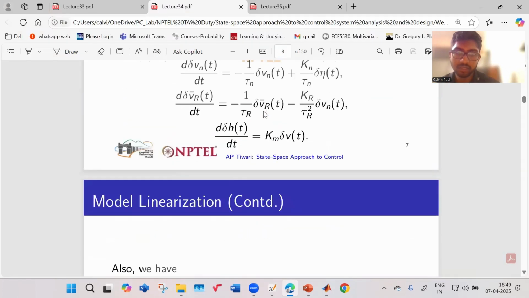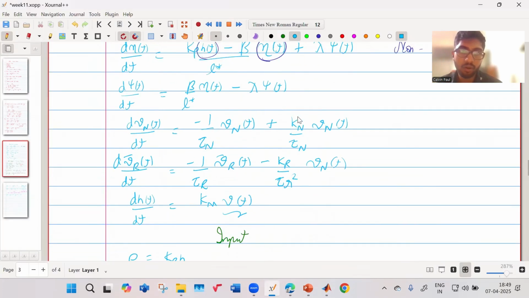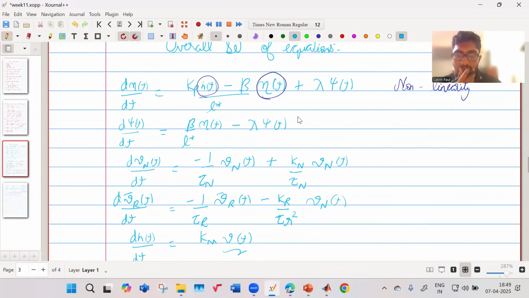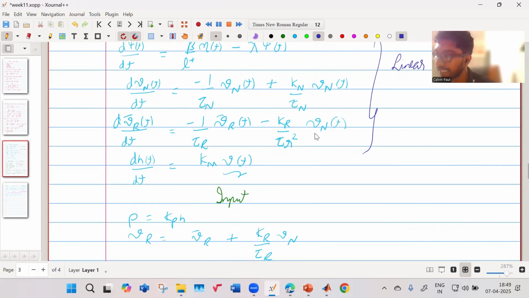Accordingly, when we see the A matrix, it has this term and this term. But now let us consider all the other cases. If you observe all the other equations, these are all linear equations. So when we do the perturbation and linearization, we will get the same equation only in perturbed form.